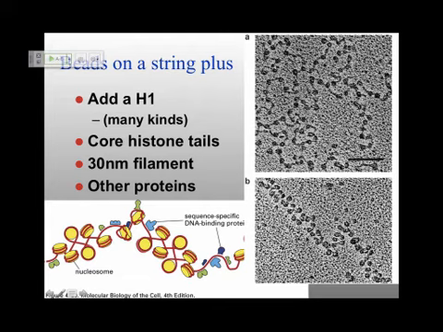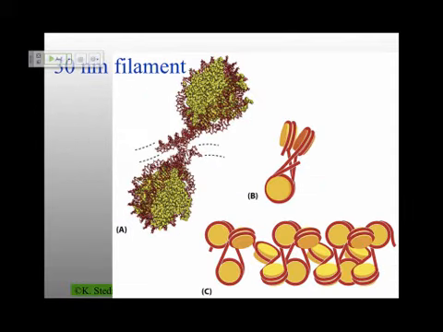When I say a little bit more like, it's because we don't actually really know what exactly that looks like, partly because you don't have a nice homogeneous population of exactly the same thing, so you can't do X-ray crystallography. All the other structural techniques don't really let you get very close to looking at this. So everything we'll be showing in the next couple of slides are just models for how people think these things fit together.